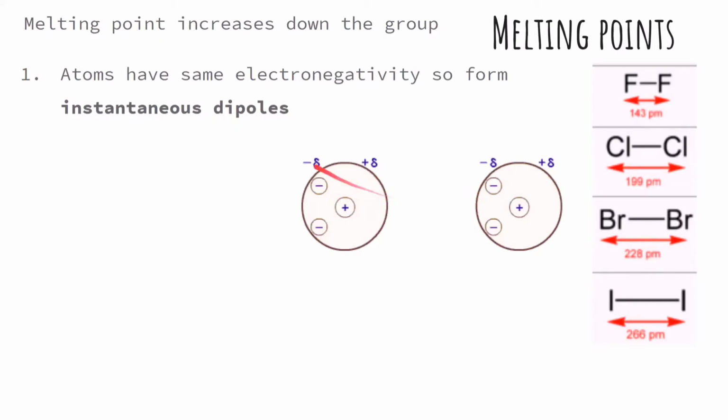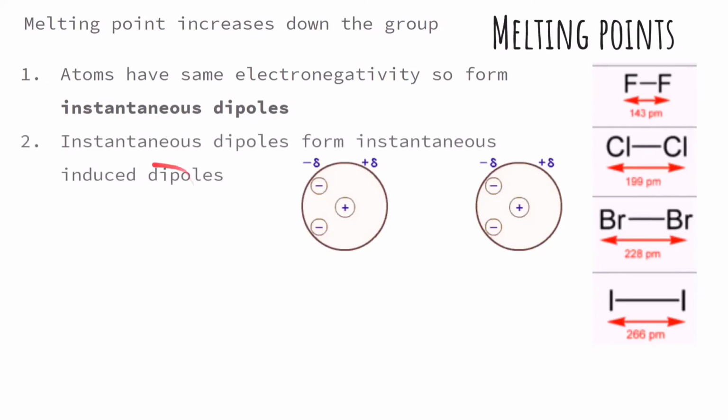So it forms an instantaneous dipole, which means that the electrons are constantly moving. So at any moment in time, the electrons could be closer to one atom or the other, causing charges to be made in the molecule.